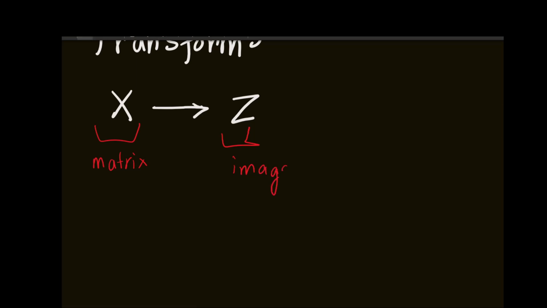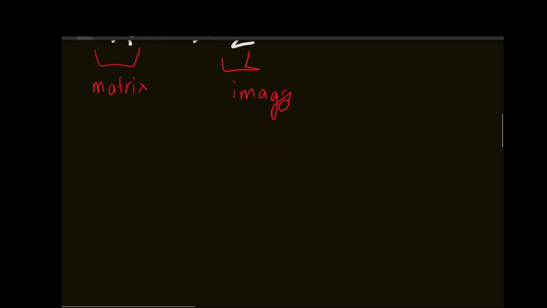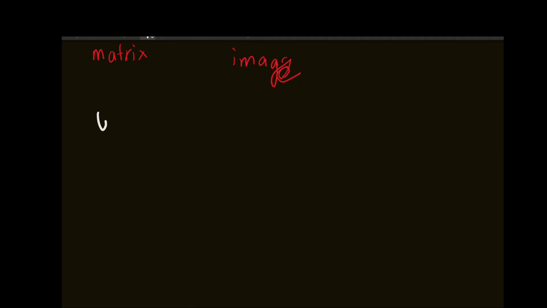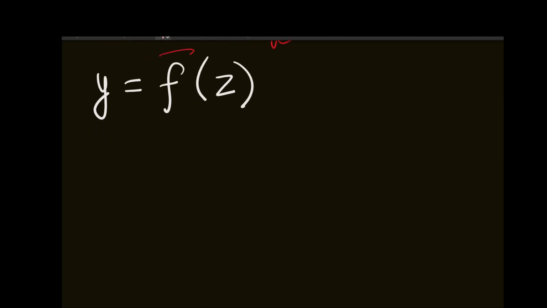Now, when we write y equals f of z, where z is an image, it would make much more sense for f to be a CNN model. So that's the primary goal.